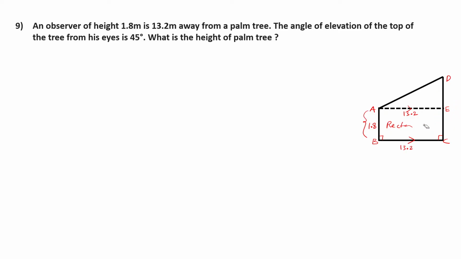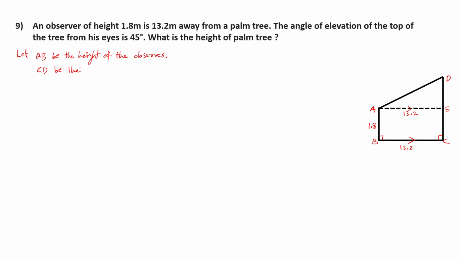Now let us solve this one by writing the given information clearly. So let AB be the height of the observer. Next, what is the height of the tree? CD.